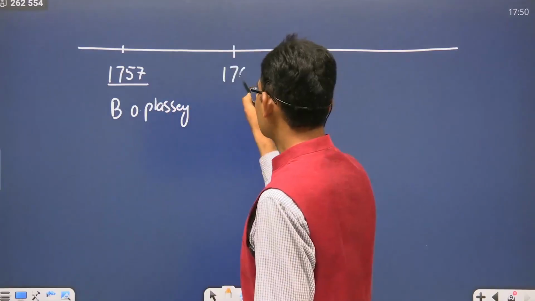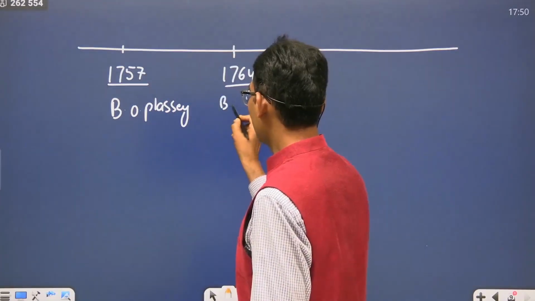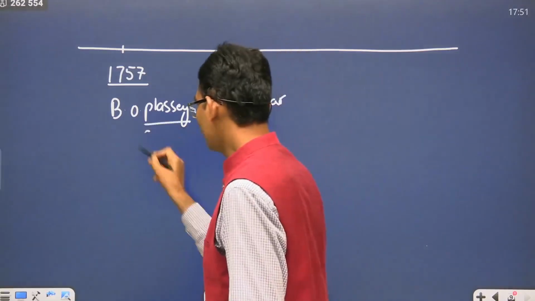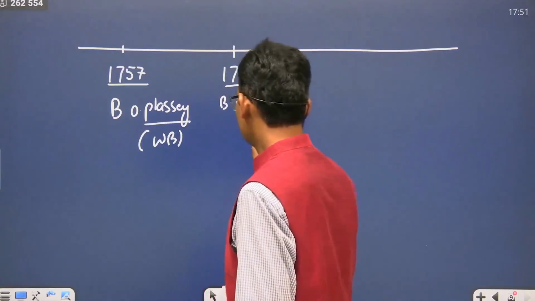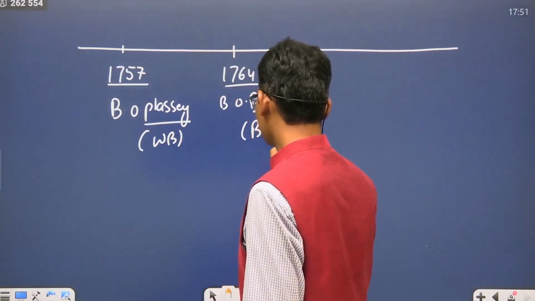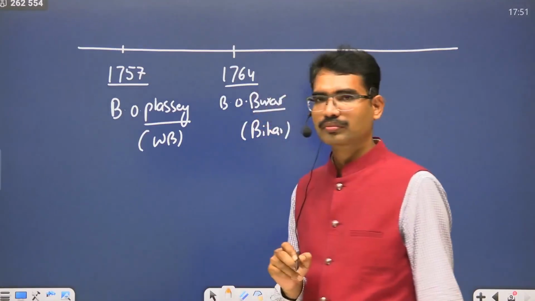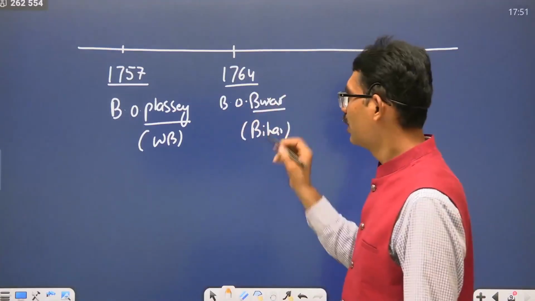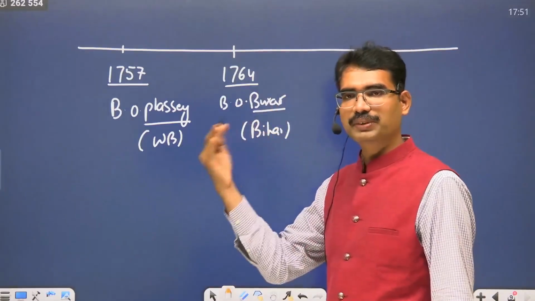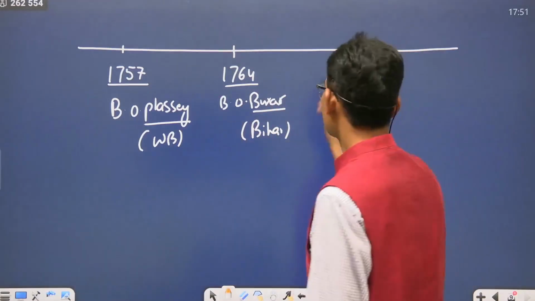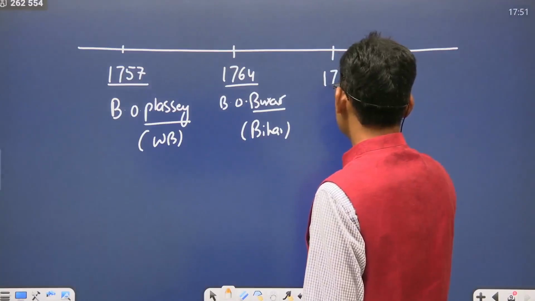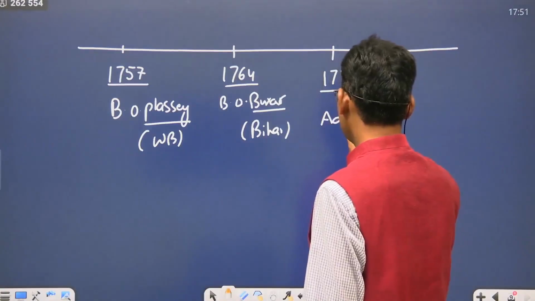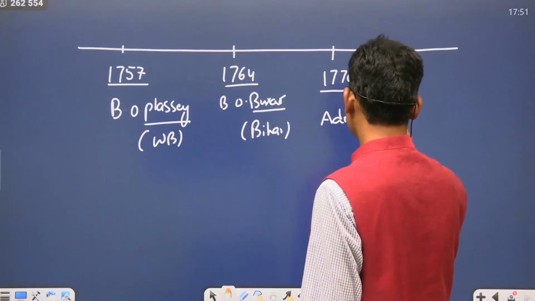In 1764, in a battle called the Battle of Buxar, Plassey is a place in present-day West Bengal. Buxar is a place in present-day Bihar. The British defeated Indian forces and started ruling or administering the Bengal region. In the 1770s, they took an interest in administration.